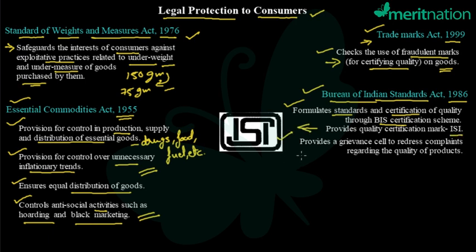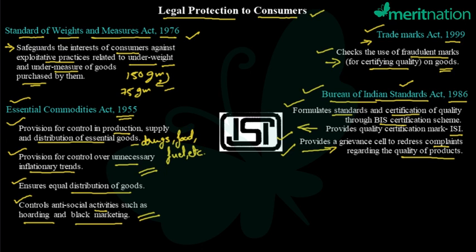Now, along with this, the bureau also provides a grievance cell to redress complaints regarding the quality of products. In other words, if a consumer faces any quality issues regarding the products which contain this ISI mark, then they can file a complaint with the Bureau of Indian Standards to find probable relief.